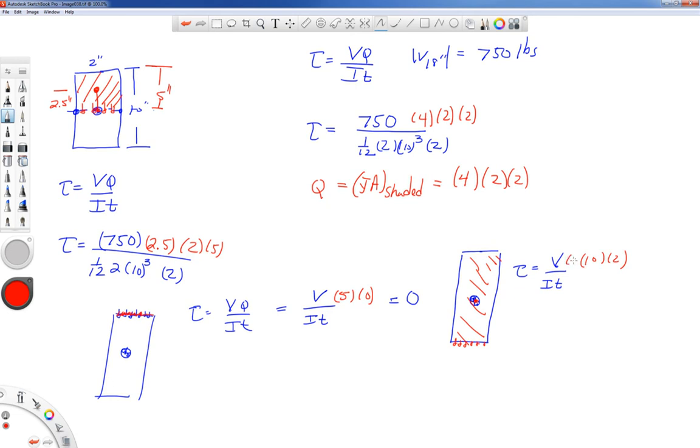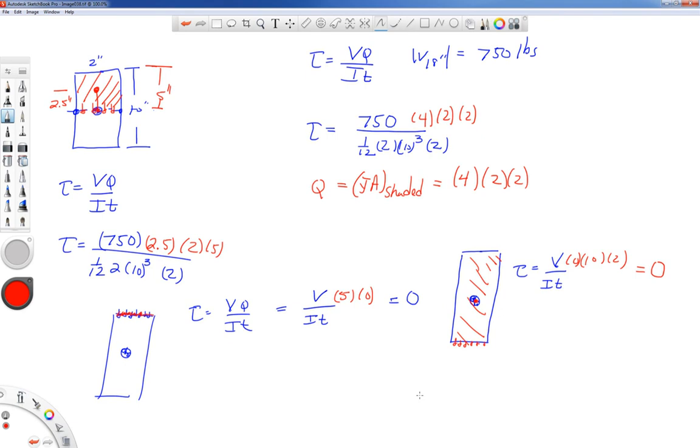That y bar distance is going to be 0. So again, on the bottom of the beam, it works out to be 0 for our transverse shearing stress. Now there's a little trick that I'll show you about how you can simplify your Q calculation, but I'll show you that in a few moments.